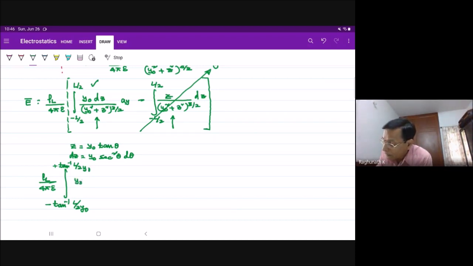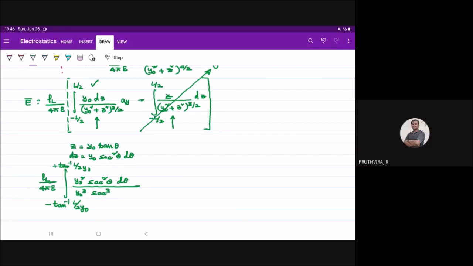So we have rho L by 4 pi epsilon integral of y naught squared secant square theta d theta. Already y naught is there, dz is giving me one more y naught, divided by y naught cubed secant cubed theta.